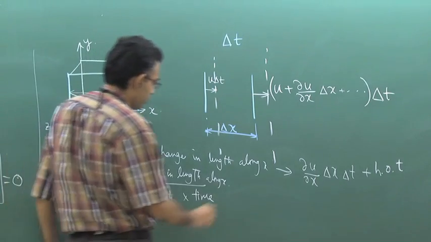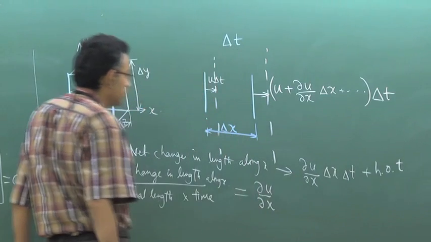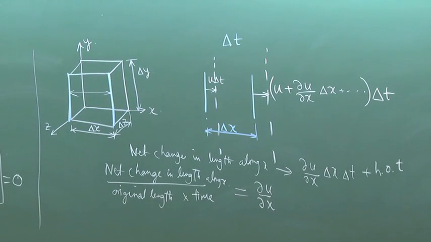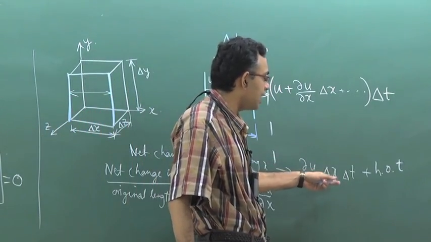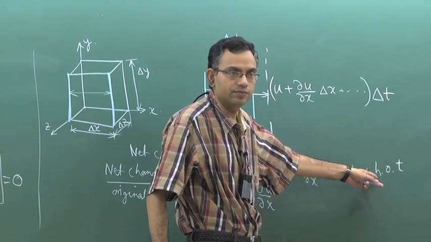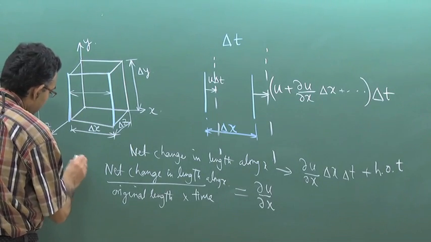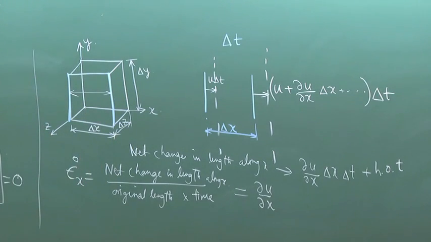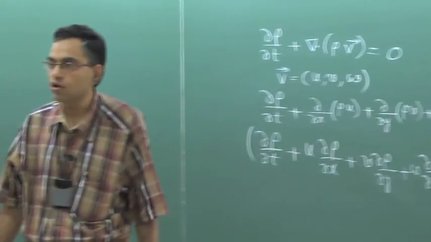This is equal to del u del x, because if you now divide both sides by delta x into delta t and take the limit as delta x and delta t all tend to 0, the higher order terms will tend to 0. So, this is nothing but what? This is the so called strain rate of the fluid element along x, epsilon dot x.